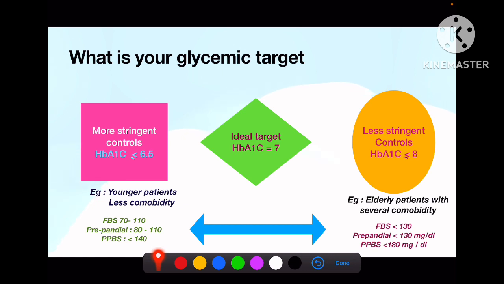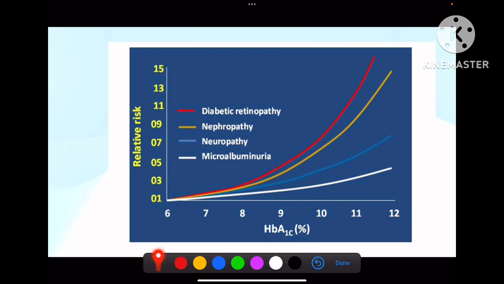Why am I saying you have to keep the HbA1c at our target level? Because after your patient is diagnosed with DM, if you cannot achieve HbA1c of even less than 8, then with long standing disease the patient's complications will be high, right? If you control HbA1c less than 8, then you can reduce all the complications relevant to diabetes.